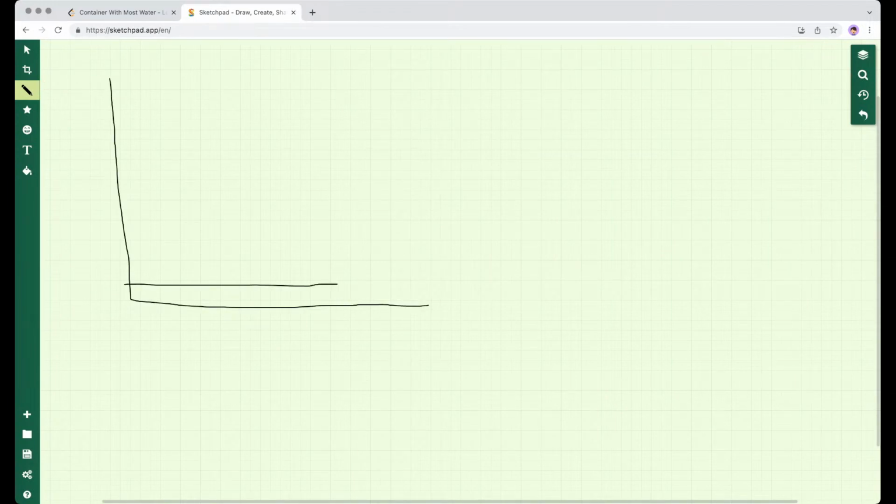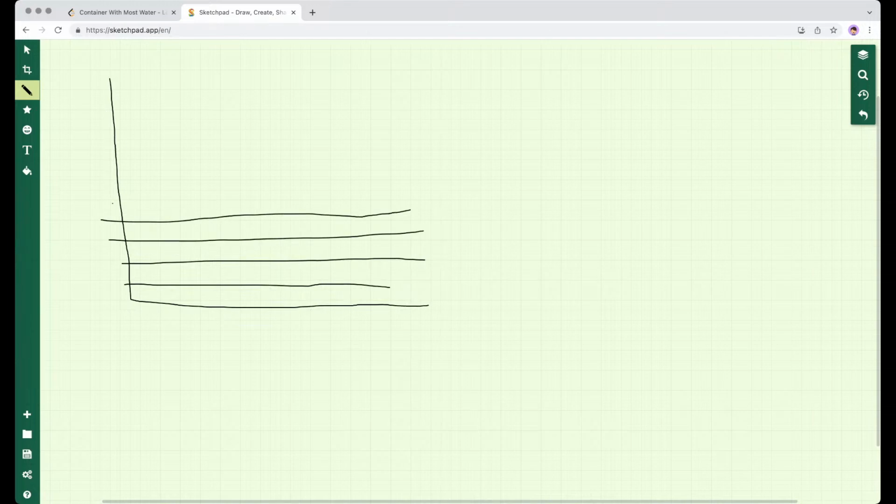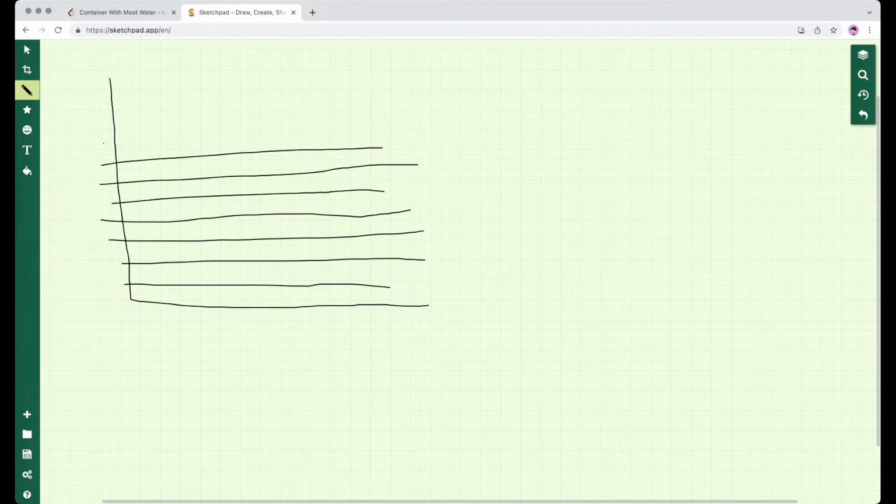So we could probably do like a mapping here. Okay, just 1, 2, 3, 4, 5, 6, 7, 8.